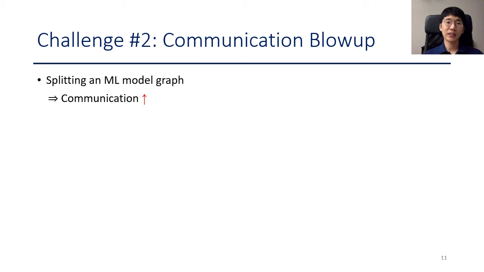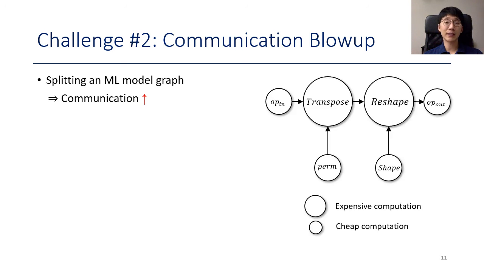The next challenge is blown-up communication overheads. When you split a model across multiple devices, inevitable communication overhead is introduced. Let's see this example graph that transposes the input tensor with the given permutation and reshapes it. Note that permutation and shape operators have very cheap computation cost.